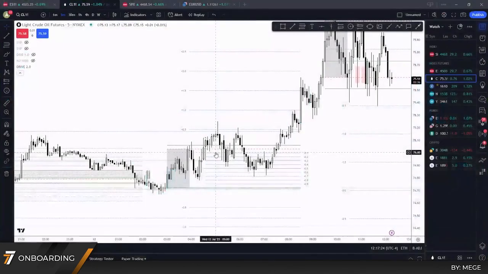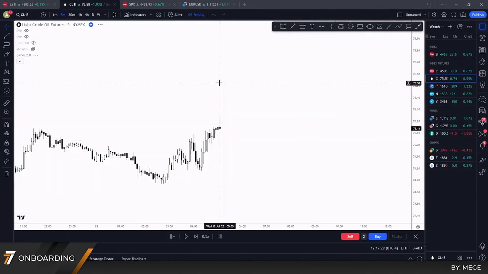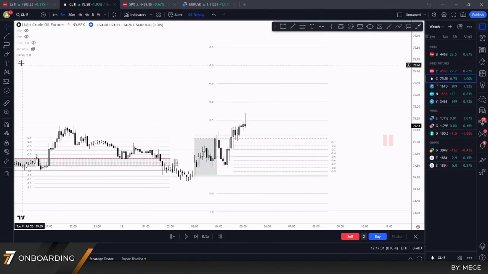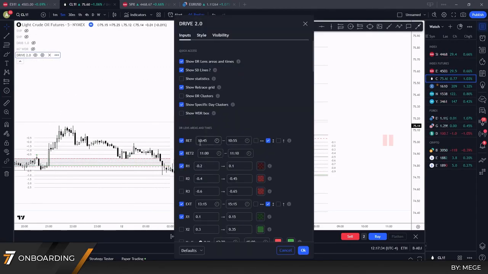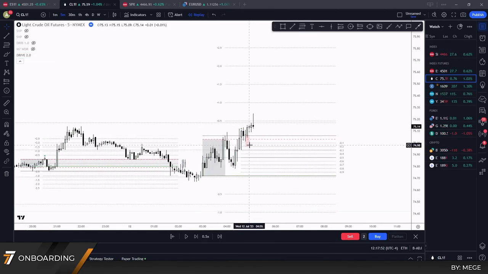So back to TradingView, replay mode, drive, retracement 0445 to 0455. That's the mode. So a time-based entry would be at the end of this candle, at the open of the next candle.